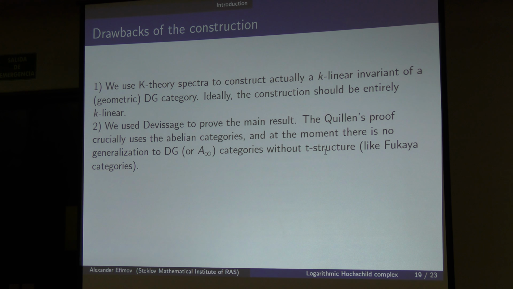The second, which I already mentioned, is that we used dévissage to prove the main result, and Quillen's proof is really based on the fact that the categories under consideration have a t-structure. He of course deals in his paper only with abelian categories, but anyway, at least to apply dévissage, you need some t-structures on your triangulated categories, and of course, not every category has a t-structure.